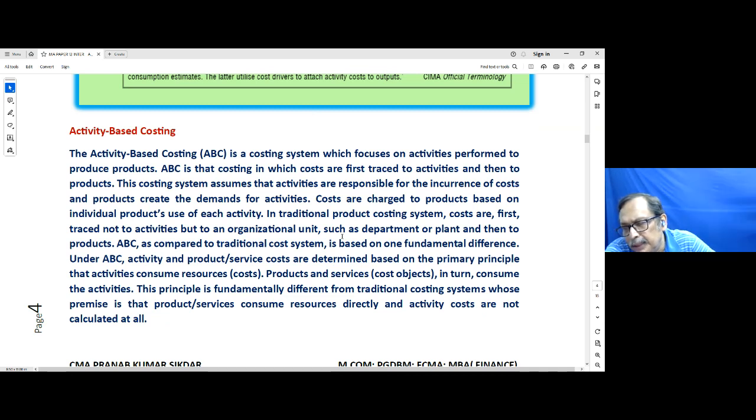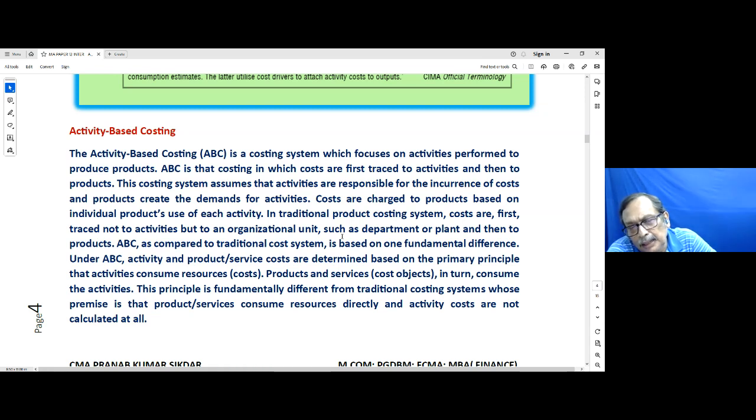Then in service departments, there is no question of any production. Hence, we reapportion the service department cost to the production departments, and finally we calculate the total overhead cost of the various production departments. Once the cost is calculated, we divide the departmental overhead cost by machine hours or labor hours so that we get the overhead recovery rate based on machine hour or labor hour. So that is done in traditional costing.